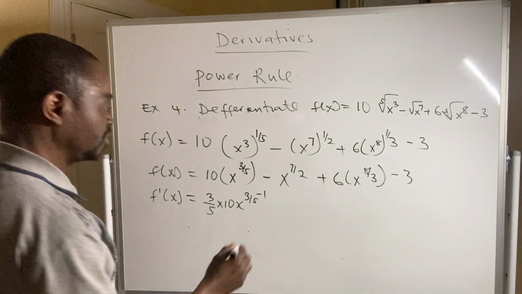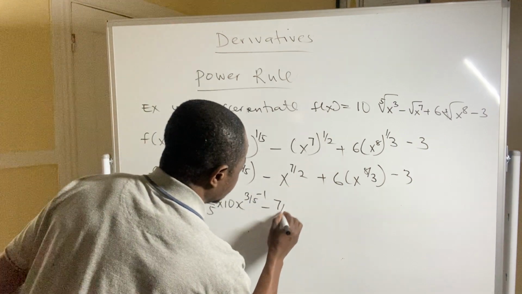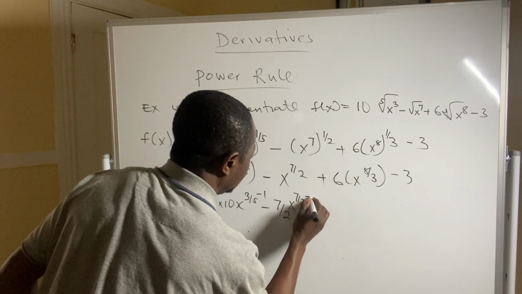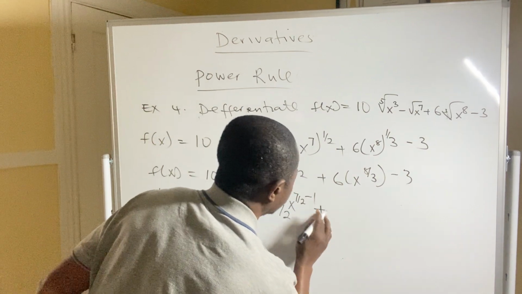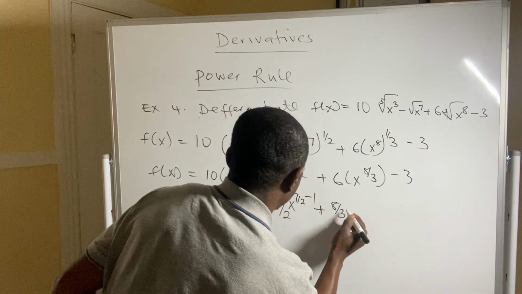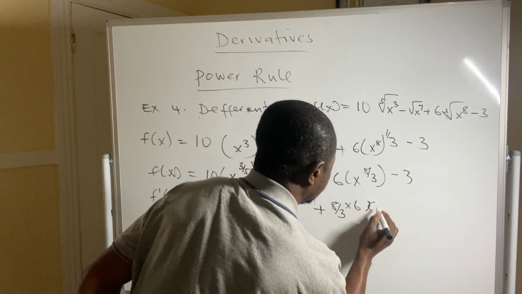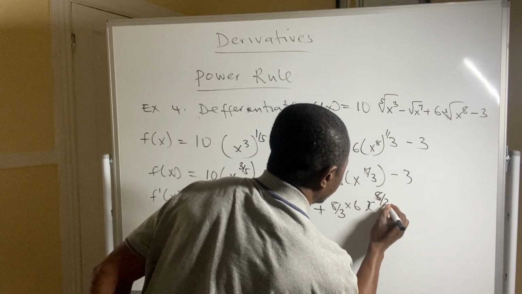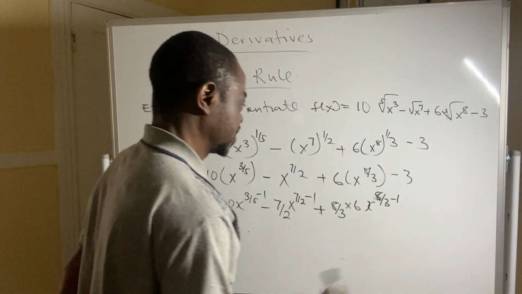Now this is minus, you bring down this power, 7 over 2 x raised to the power 7 over 2 minus 1. And then this is plus 8 over 3 multiplied by 6, then x raised to the power 8 over 3 minus 1. Then this is a constant term, so it's just a 0.